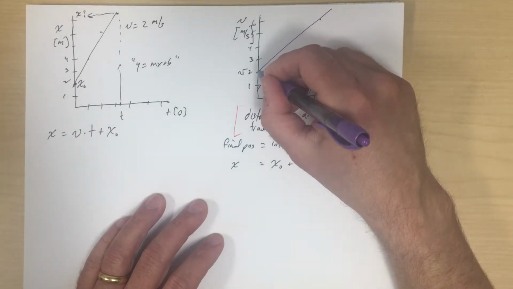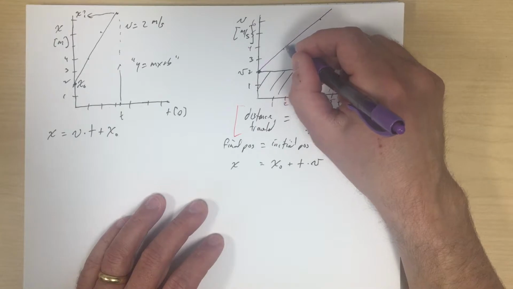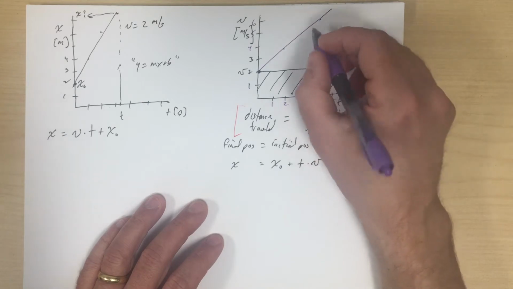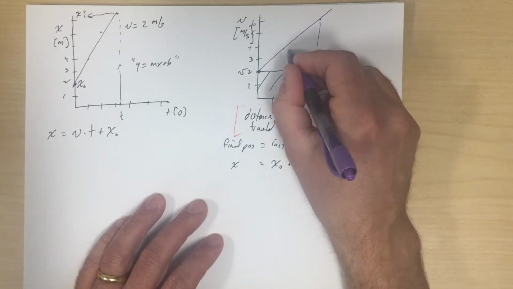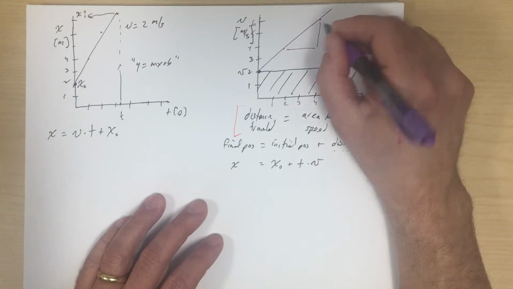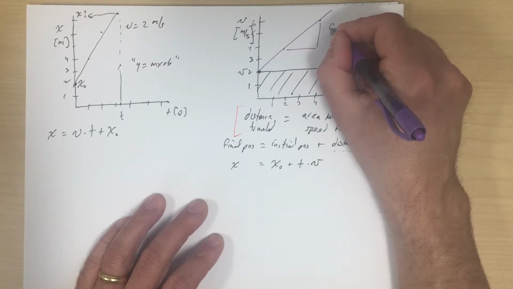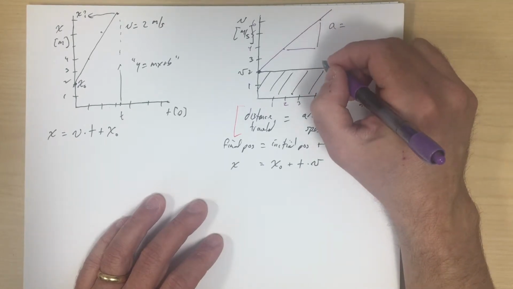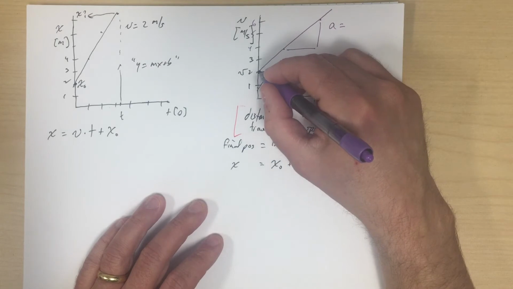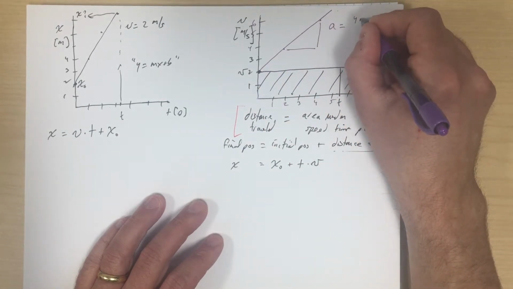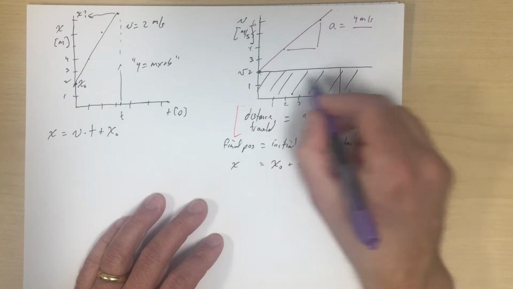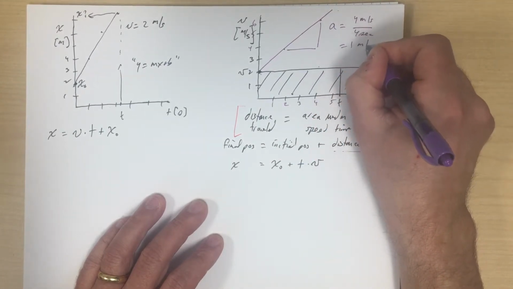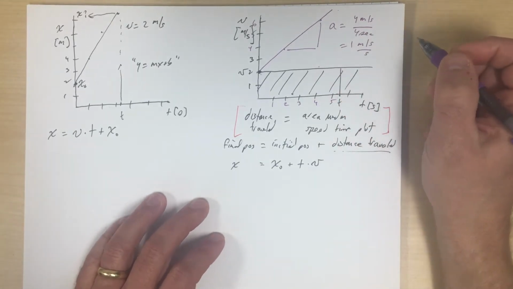At first it's at 2 meters per second, and later on it is at 4, and later on it's at 5, and then later on it's at 6, and so on. So this is changing. The slope of a speed time plot is what's called the acceleration. So in this case, we have a change in speed from 2 to 6, so of 4 meters per second in 4 seconds. So we're actually changing 1 meter per second every single second.